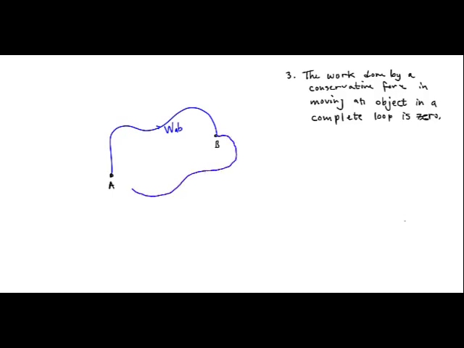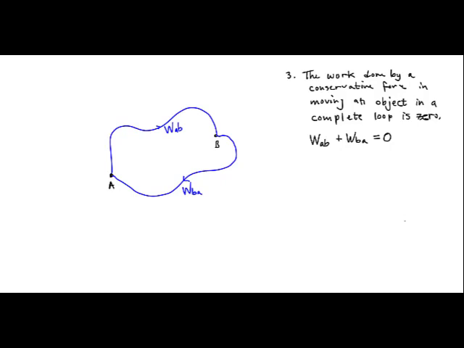So going from work back home, we leave point B and return back to point A. So there will be a certain amount of work done in moving that object from point B to point A. Well, a property of the work done by a conservative force is that the work done in moving an object from point A to point B plus the work done in moving the object from point B back to point A is equal to 0.